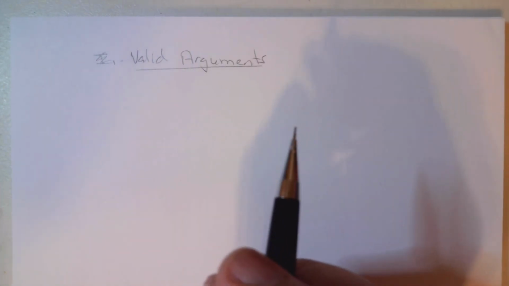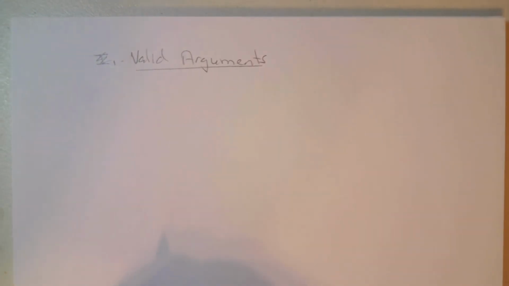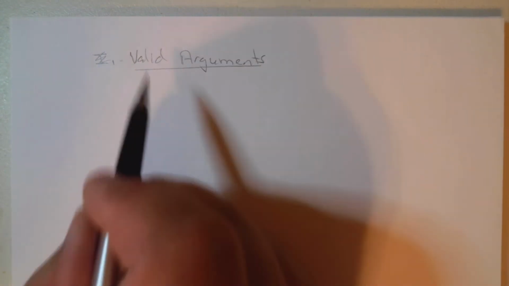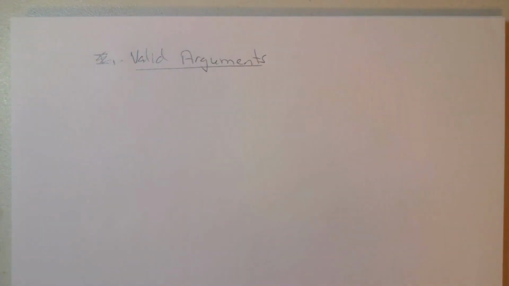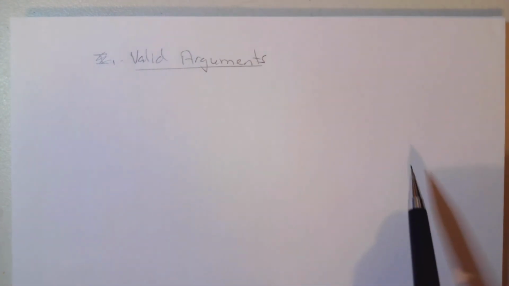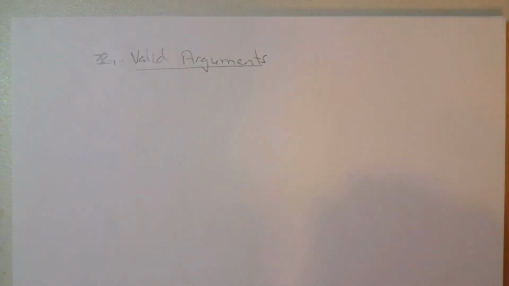Let's see what valid ones look like first. These are sound and proven arguments that are valid. So once you see that a statement given to you in a question is in one of these 4 possibilities, you don't have to do the truth table.